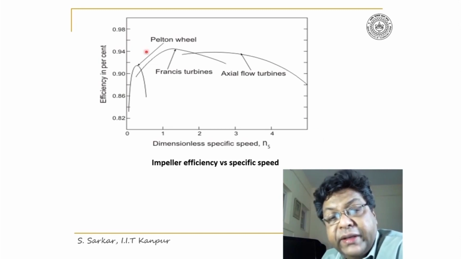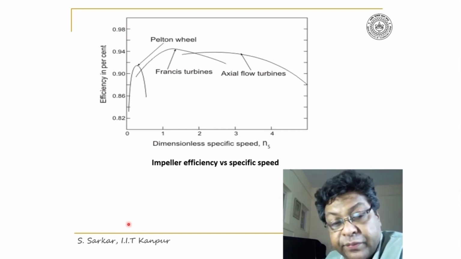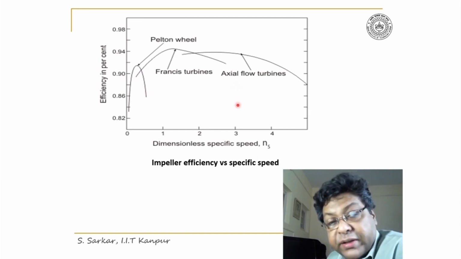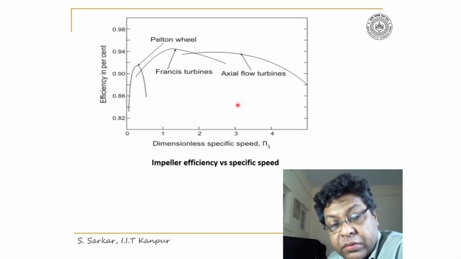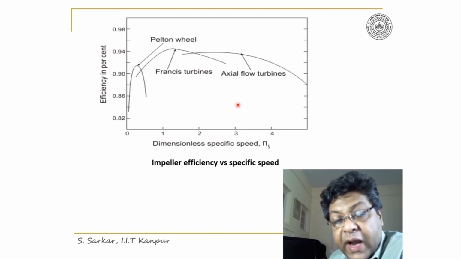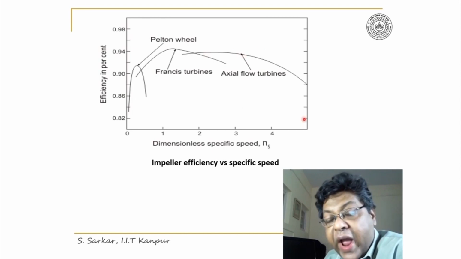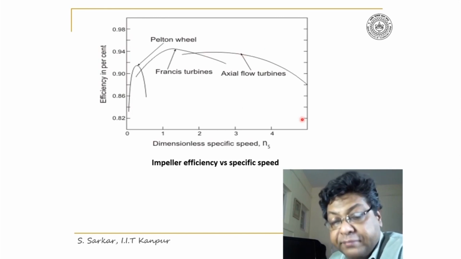And I have expressed it in terms of turbines. Below 0.5 ns is the region for Pelton turbine, 0.6 to 2 is the region for Francis turbine, which is a mixed flow machine, and 2.5 and above is the region for axial flow turbines.